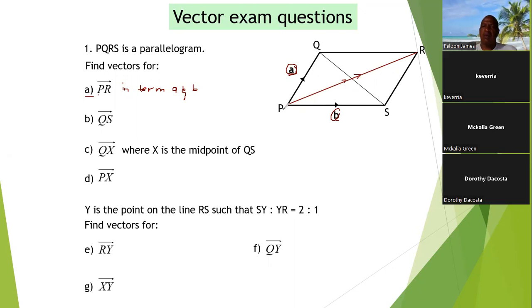In order to go from P to R, which other direction could we go to get to R apart from that straight line? Which other components could we use, which other lines could we follow to get to R?